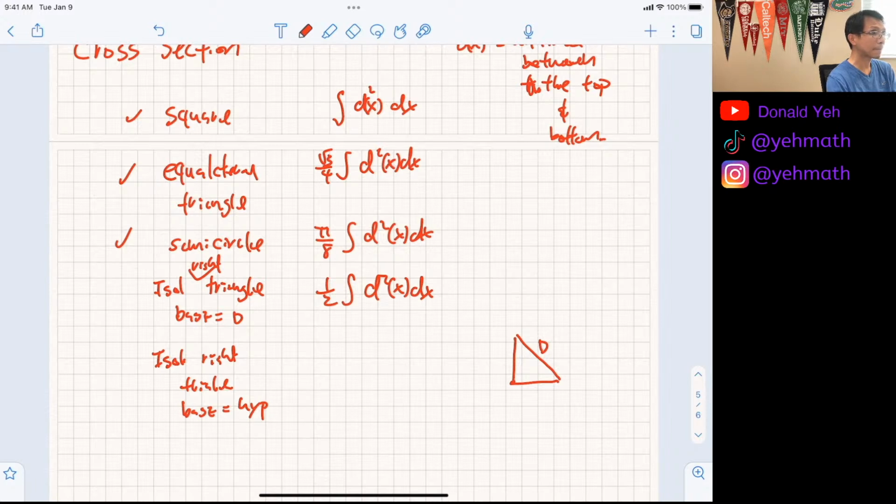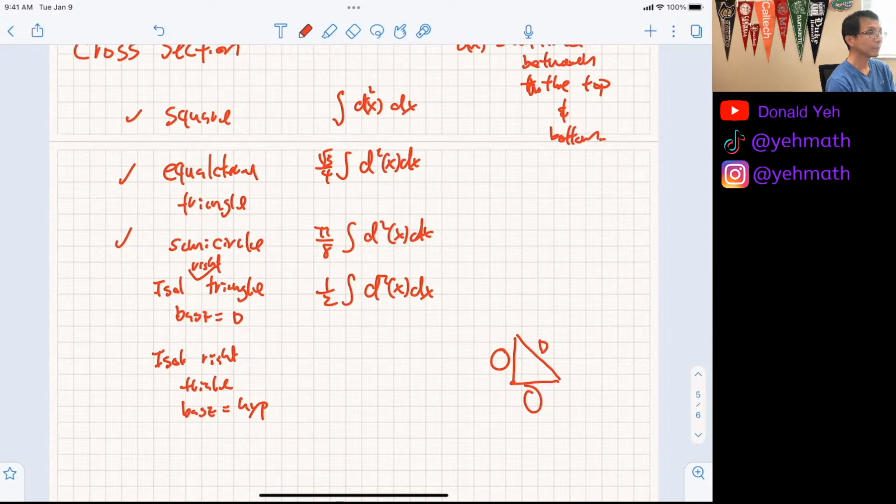Would you split it into 2 triangles? No, not 1/2. 1/2 is when the base is d. So you want to figure out this side. What's the relationship? If that's d, what's the other side?